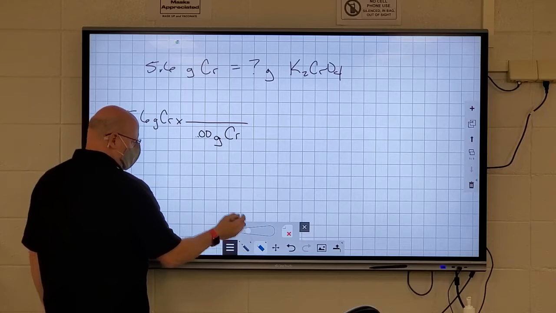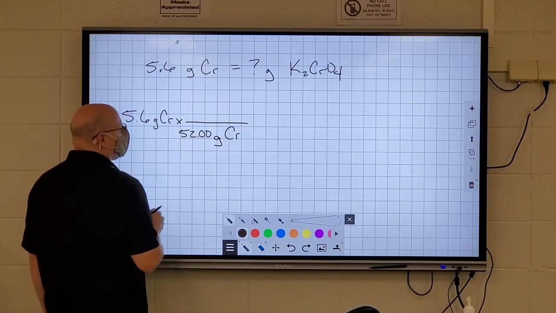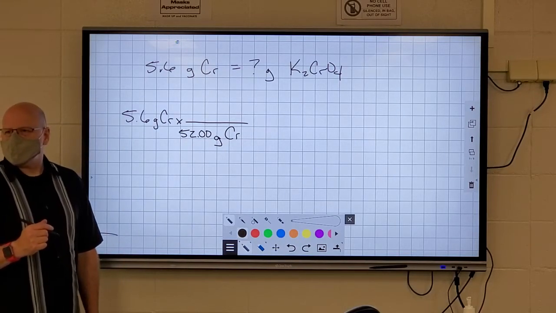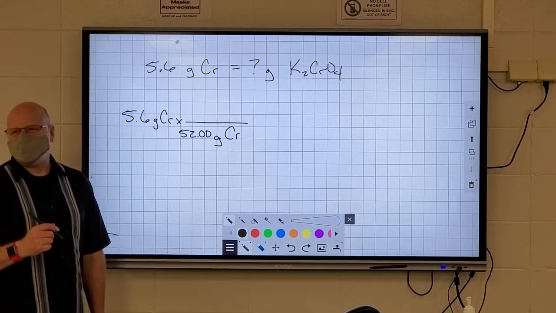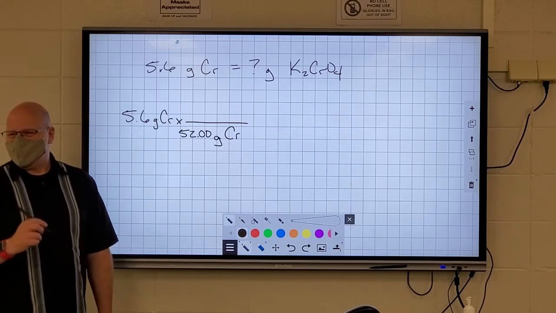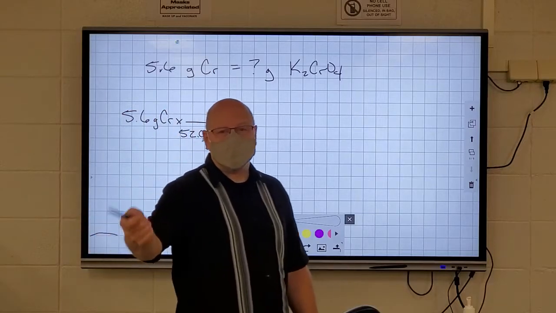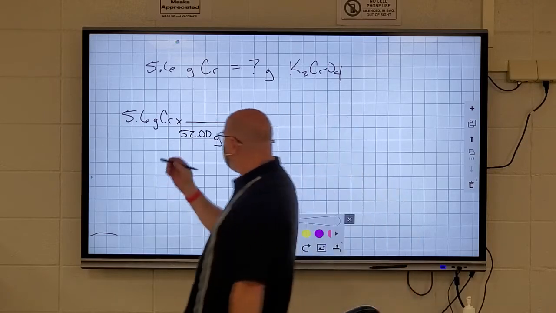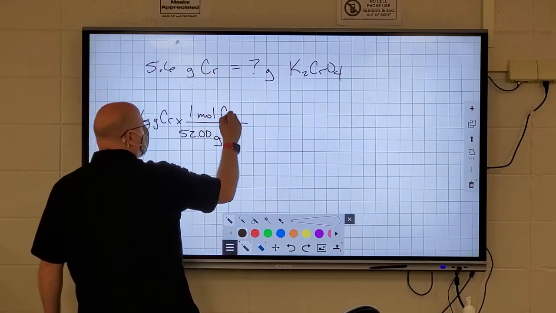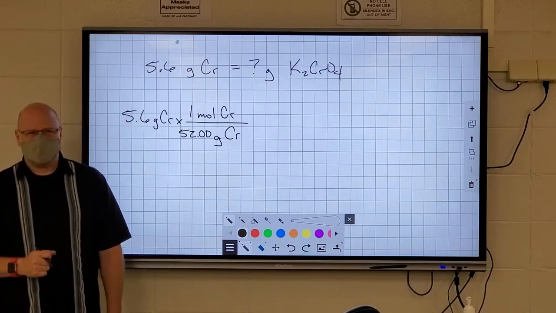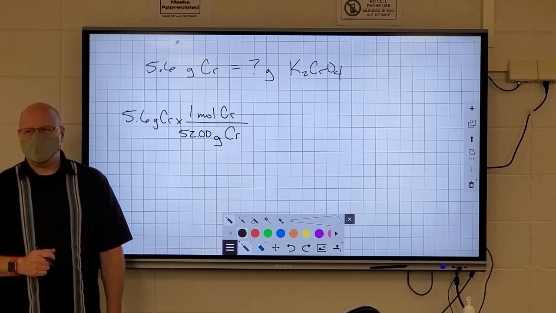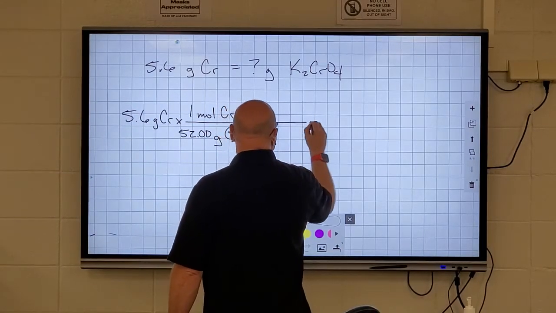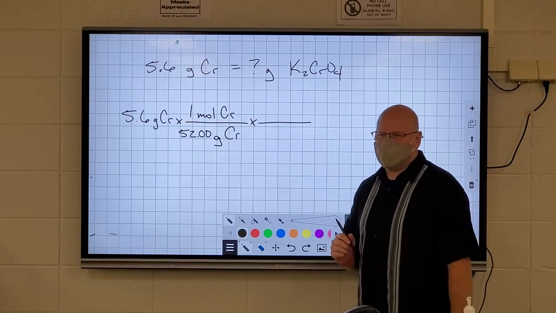That's on bottom. What's on top? Do you find the potassium chromate somewhere? Not yet. On the periodic table, what do those masses all represent? If they're grams, they all represent 1 mole. Everybody okay now? Now that you have the mole, so what's going on bottom?